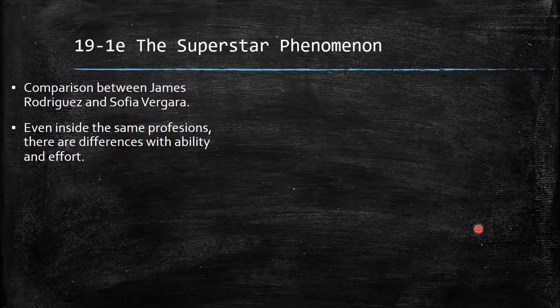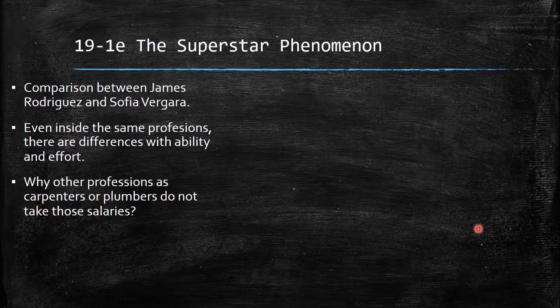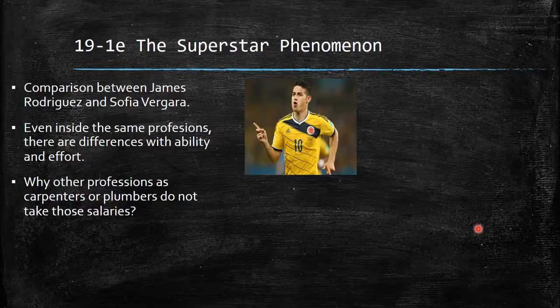Even me, for example, I tried to practice soccer. Now I'm making economics videos. Then why don't other professions such as carpenters or plumbers earn those salaries? Here we have James.